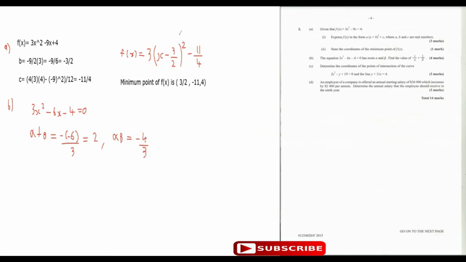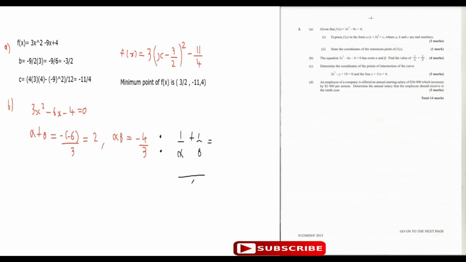Now they ask us to find the value of 1 over alpha plus 1 over beta. This is what we want to find. 1 over alpha plus 1 over beta is equal to, first thing we have to do is find the LCM.